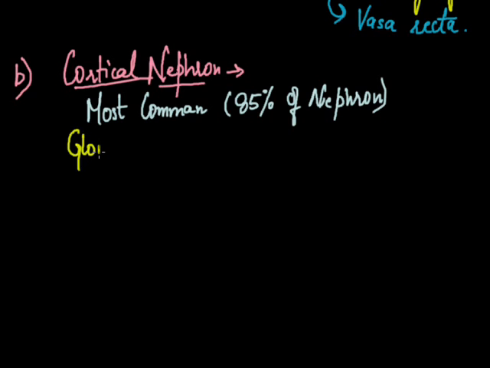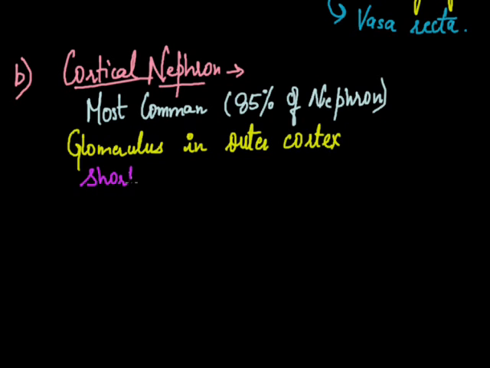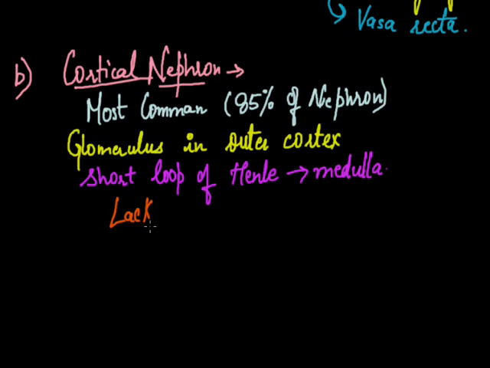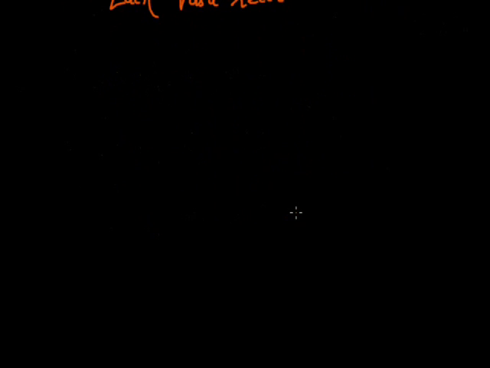They have the glomerulus in the outer cortex and a short loop of Henle in the medullary region. And the most important point is they lack vasa recta.